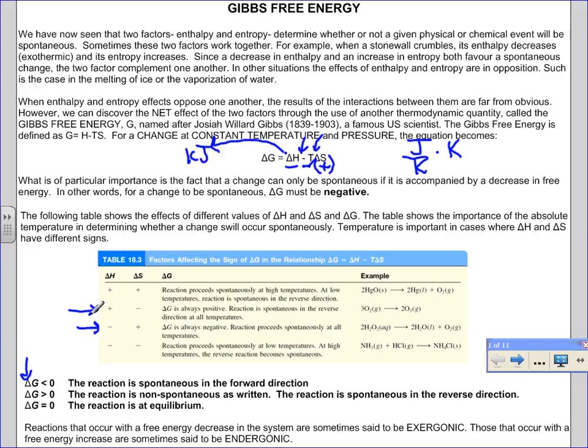If we look at that formula, if the delta H is positive and the delta S is negative, this is always going to be a positive value for Gibbs free energy, which means that the reaction is non-spontaneous in the forward direction. It will be spontaneous in the reverse direction.